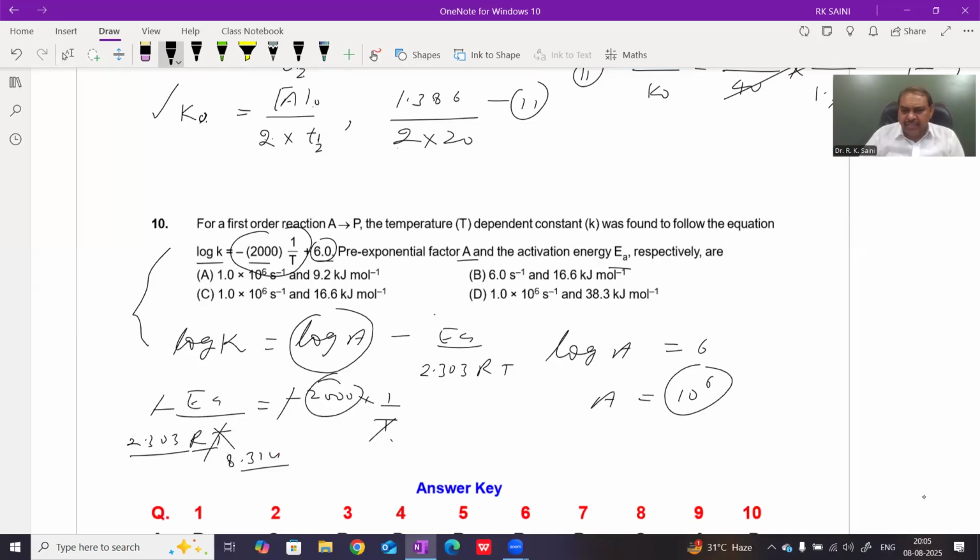Therefore, the answer is nearly 38.3 kilojoule, option D. And these are some questions from chemical kinetics.